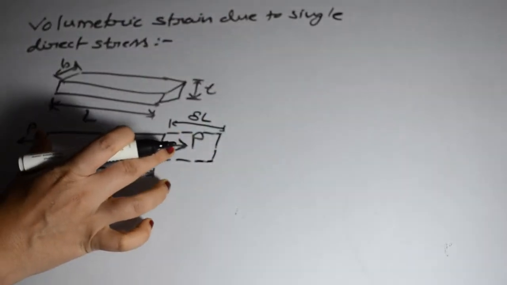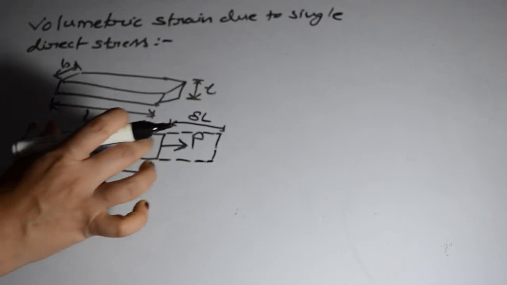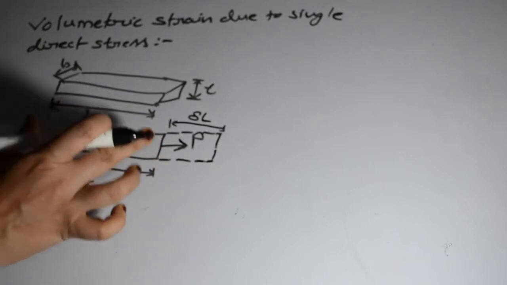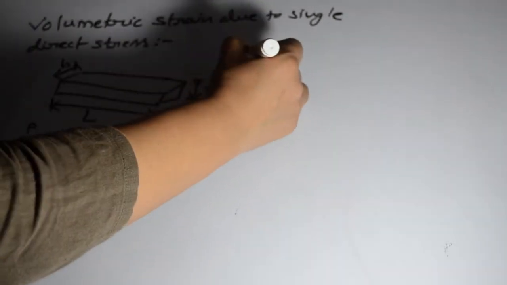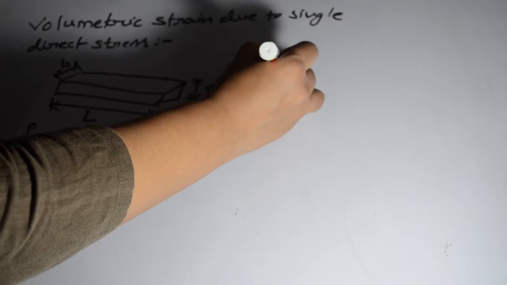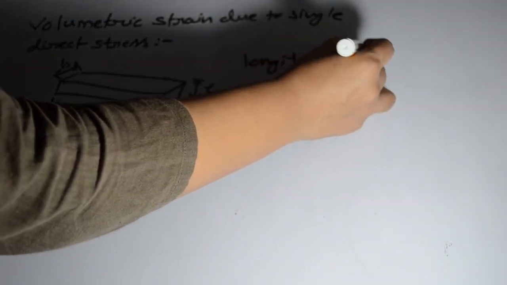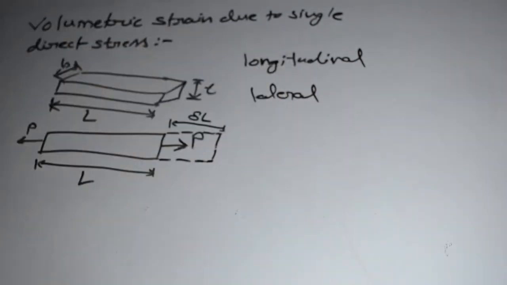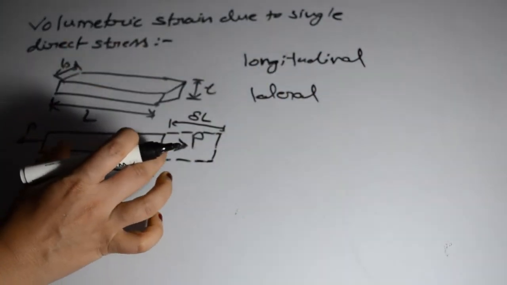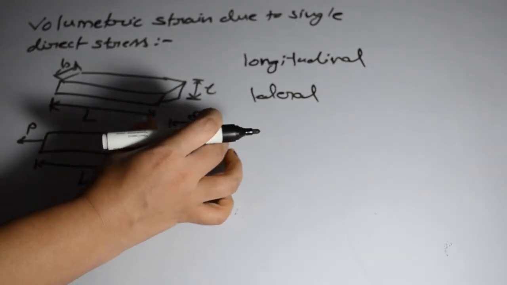See, if we are applying any axial force or tensile force along the length, or in the longitudinal direction, there will be two types of strains. One strain is longitudinal and another strain is lateral. If we are applying a force along the longitudinal axis, its length will change.